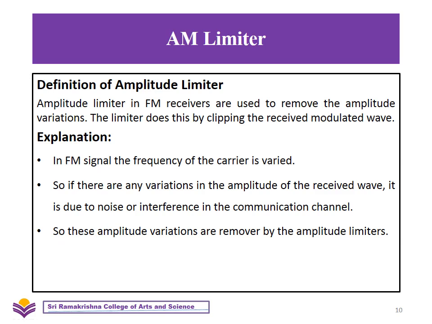For this purpose, we need a circuit. That circuit is nothing but an amplitude limiter circuit, which will limit the unwanted variations in the amplitude of your sound signal to produce the proper sound signal at the output of your circuit.